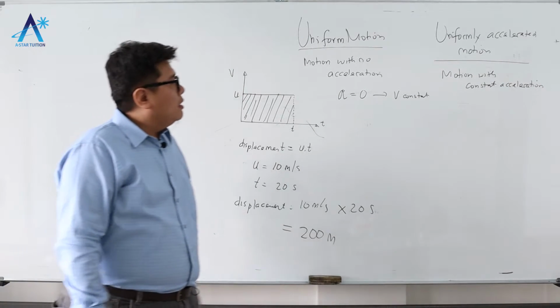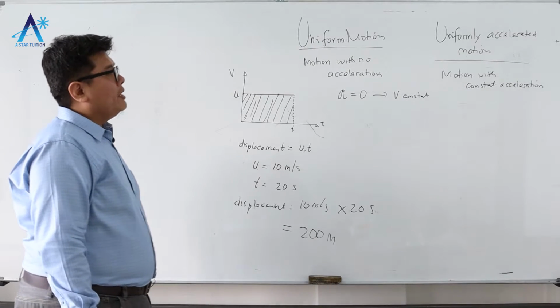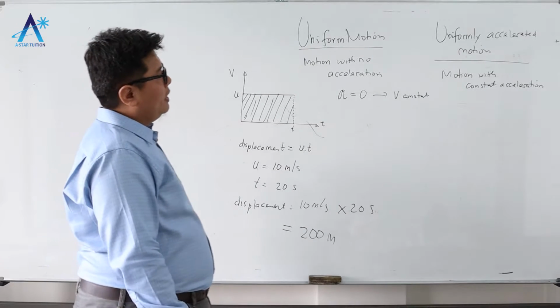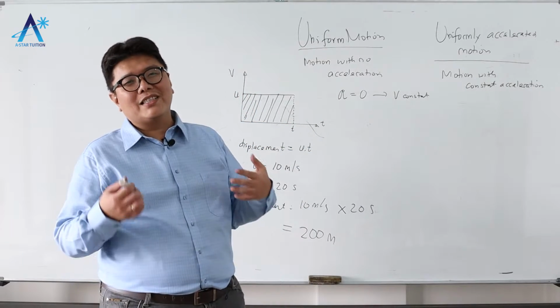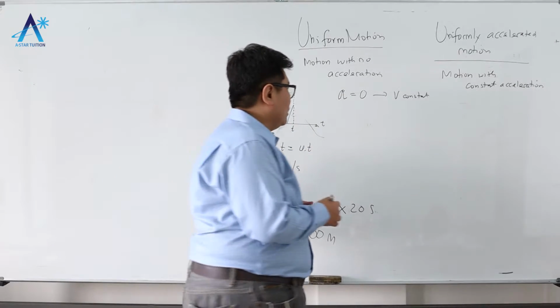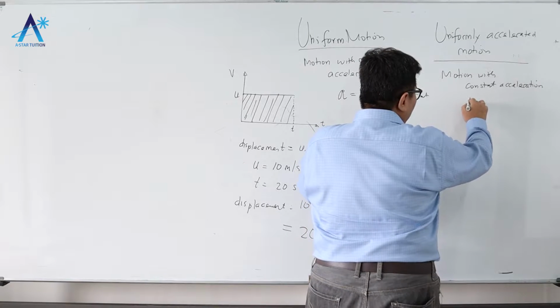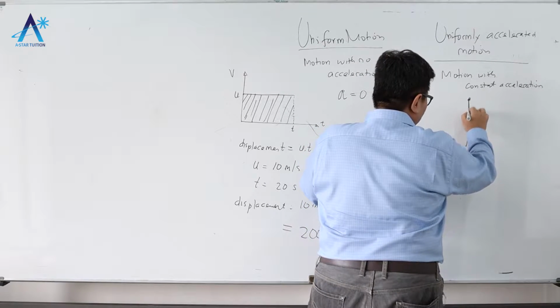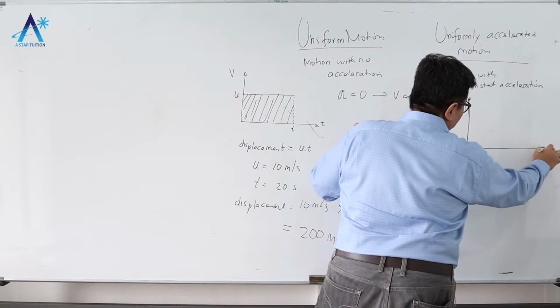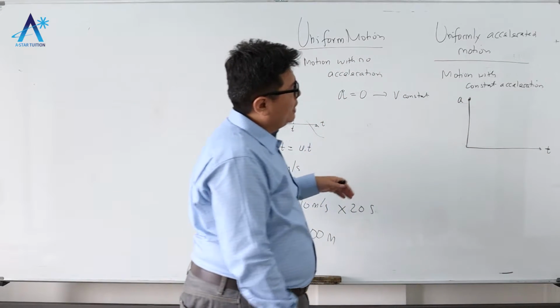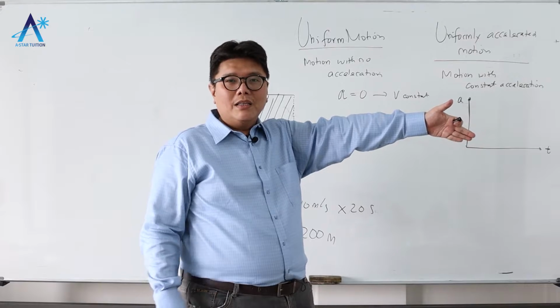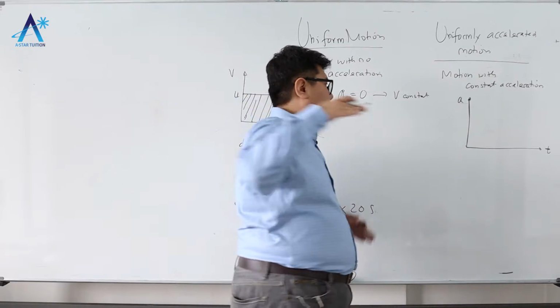Now, for uniformly accelerated motion, here we define it as motion with constant acceleration. So the acceleration is constant. So we start off with the acceleration as a function of time graph. The acceleration being constant means that as time goes by, the value will remain the same.